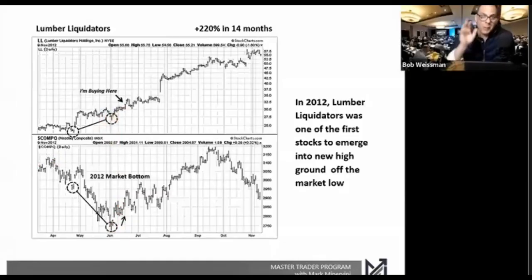Now, I'm talking about bases and some terminology, and you may not even know what we're referring to at this point. We're going to cover all this. We're not assuming that you know what these bases are and this terminology. Right now, we just want to show you the stocks versus the market.